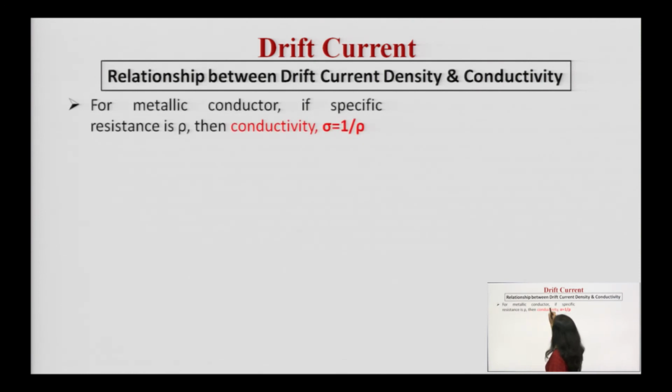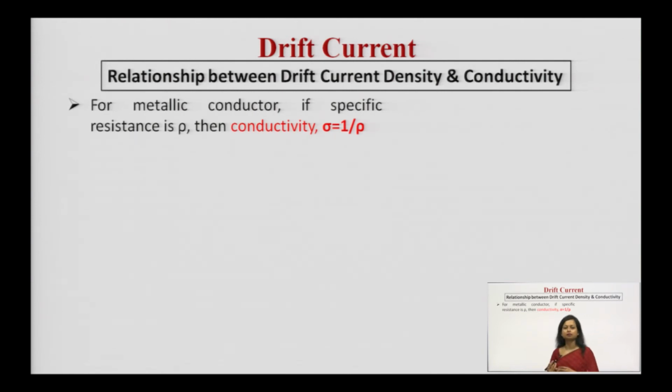So, for a metallic conductor, if specific resistance rho is given, then conductivity can be written as what? Conductivity sigma is equal to 1 upon rho. As I have told you, conductivity and resistivity are inversely proportional to each other. If conductivity is high, resistivity will be low. If conductivity is low, resistivity will be high.